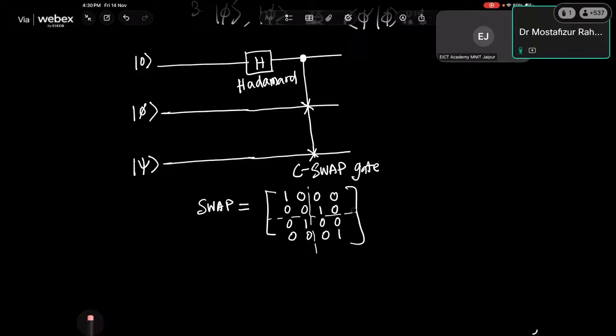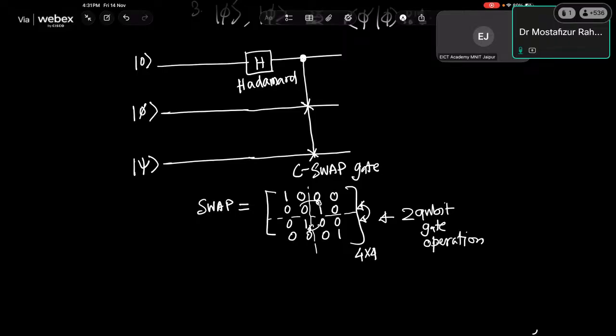If you compare it with the identity matrix, 1 1 1 1, the middle two entries have changed places. It is a 4x4 matrix, which means it requires a 2 qubit gate operation.